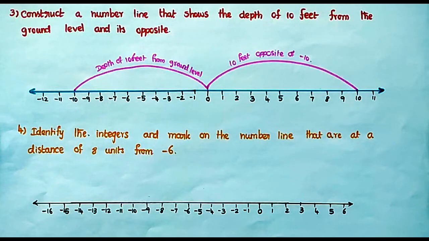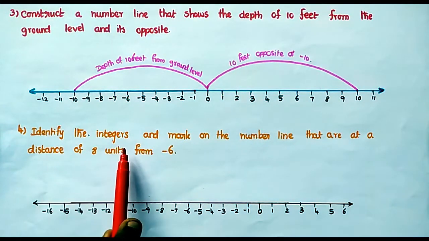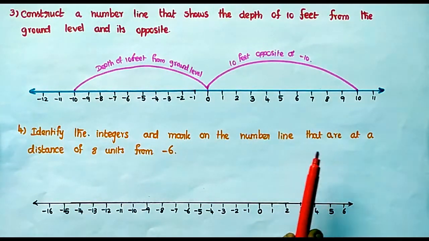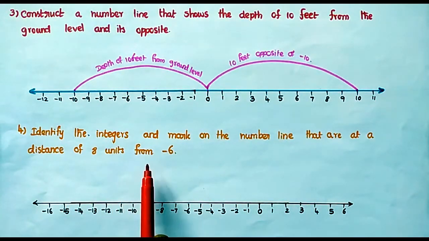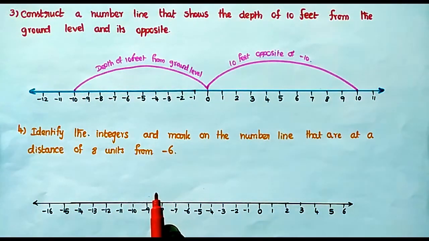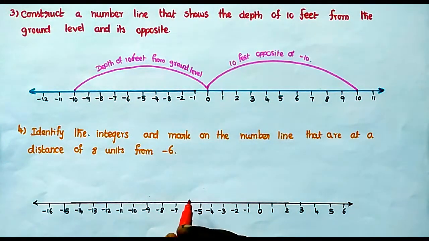Next one, identify the integers and mark on the number line that are at a distance of 8 units from minus 6. From minus 6, we have to find out the distance 8 units. They did not mention the direction. So both the directions we have to mark.